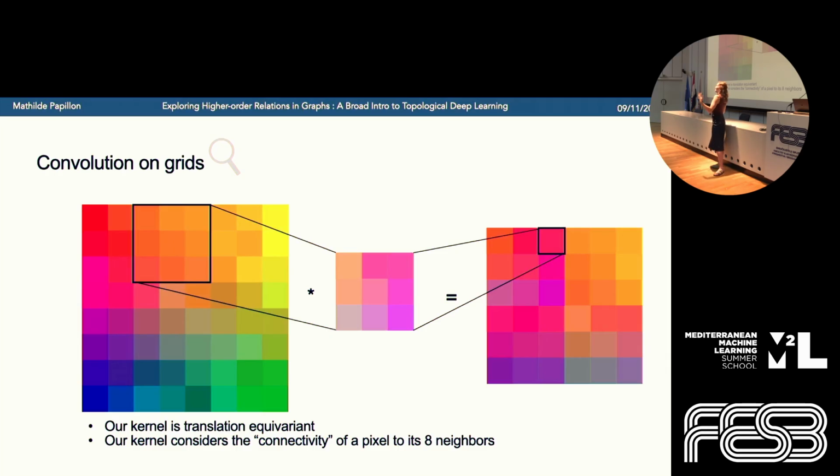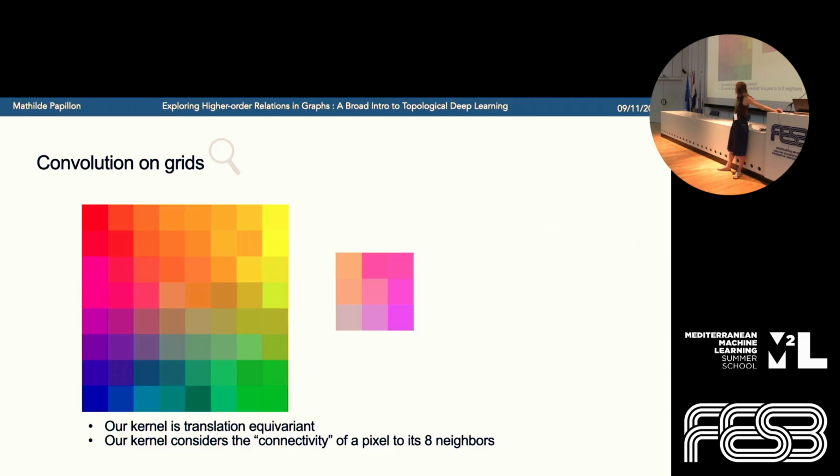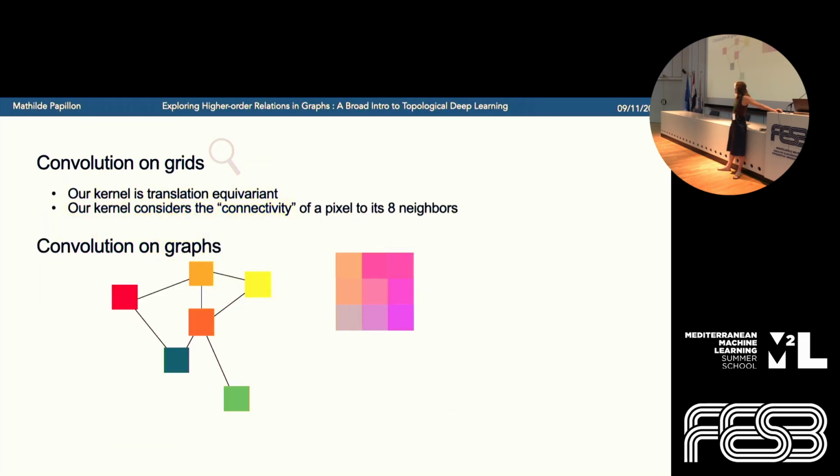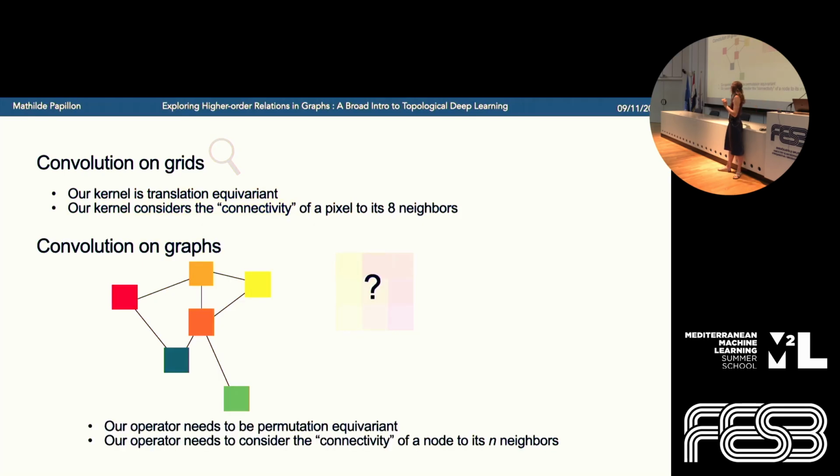So maybe you can see where I'm going with this, but once we have these two ingredients, we can ask, okay, how do we extend this to graphs? If instead of a 2D image, I have a graph, what does convolution look like? Now, remember, we want it to be permutation equivariant or invariant, and we want to consider the connectivity of each node. So what can this operator look like?